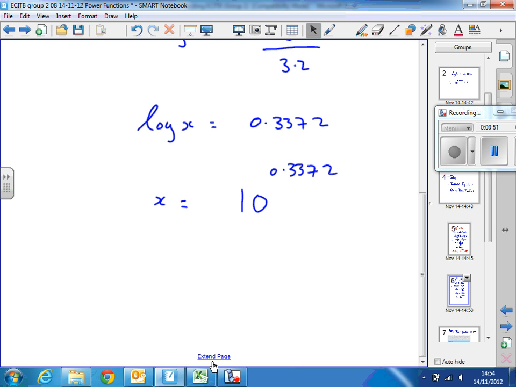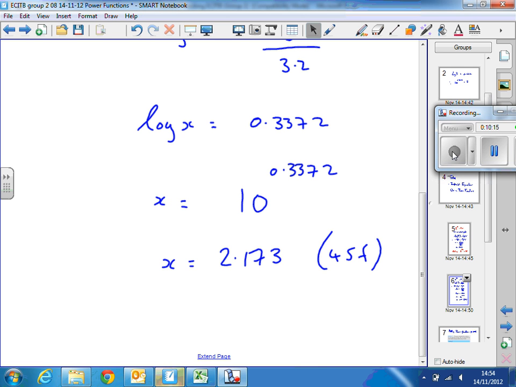So in other words, it's the opposite of logarithm. So x equals shift log, you'll get 10 to the power, and that gives you about 2.173 to 4 significant figures.